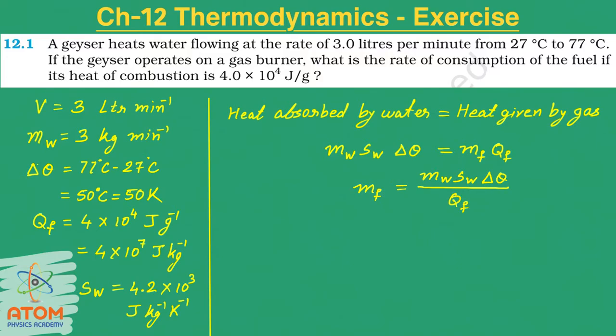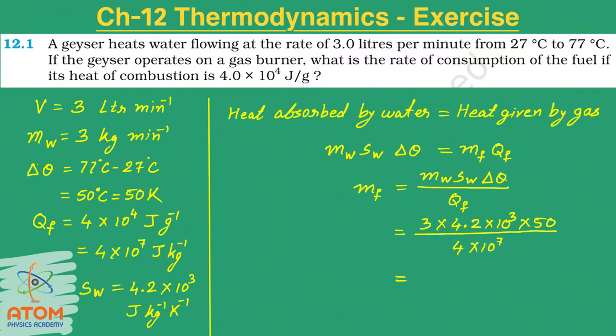Now putting all the values, mw is 3, sw is 4.2 into 10 raised to 3 multiplied by delta theta, which is 50, and divided by qf, which is 4 into 10 raised to 7.